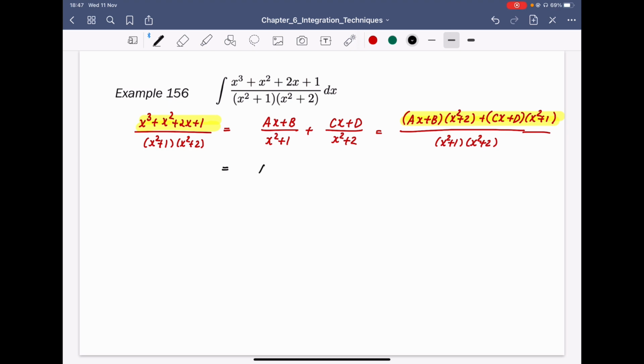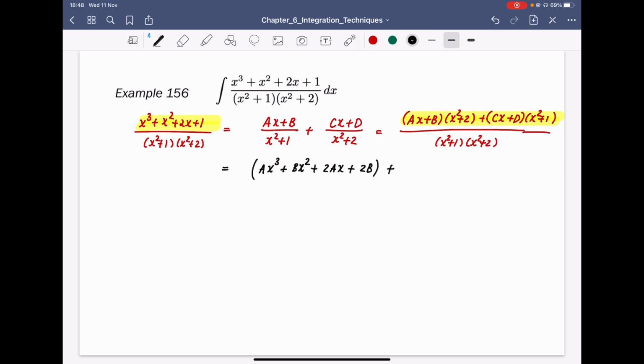So I have ax cubed and then plus bx squared and then plus 2ax and then plus 2b. All right, before moving to the next step, make sure that you expand it correctly. So for this question I'm good. That's the first term.